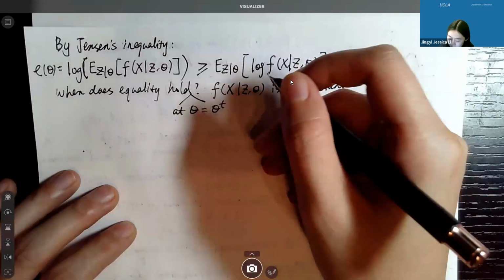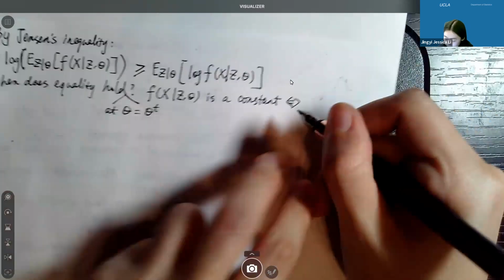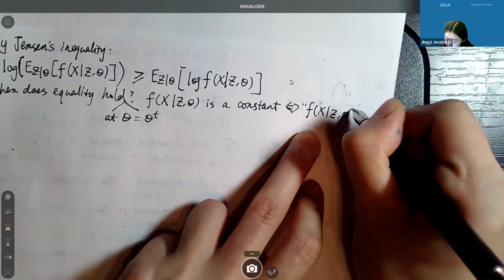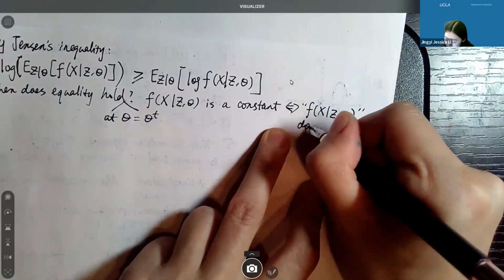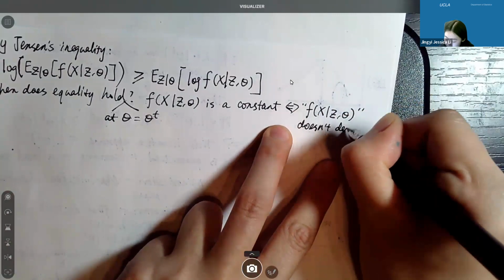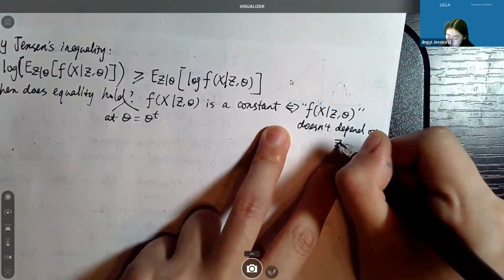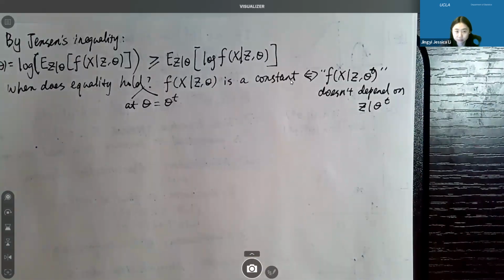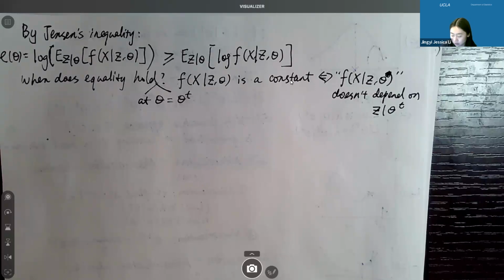So basically we are saying this. The constant, this means that f x z theta is a constant and doesn't depend on z given theta t. Okay, this is what we want. Yeah, it doesn't depend on the z given the current value t.